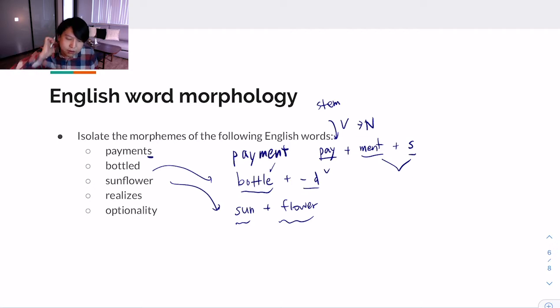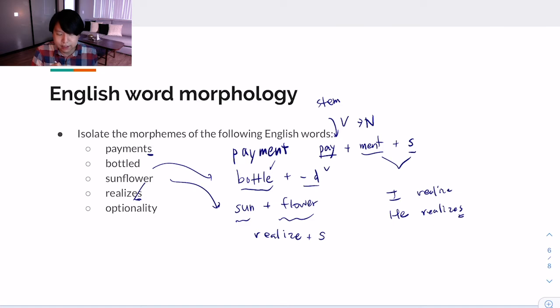Realizes. So for realizes, you first can divide off the ending s at the end, which is attached to a verb when the subject of that verb is third person singular, like I realize, but he realizes.